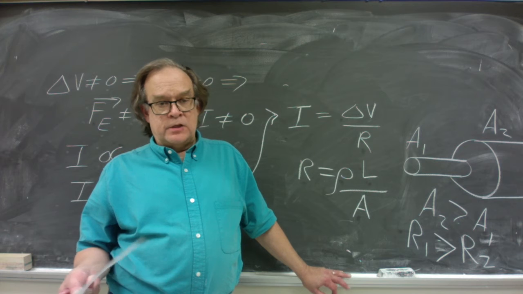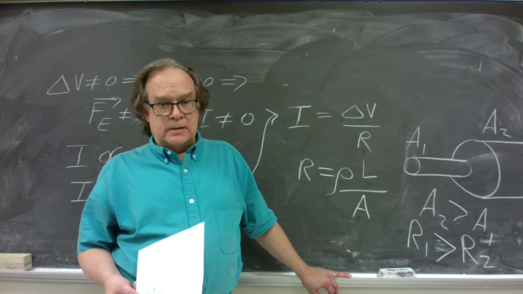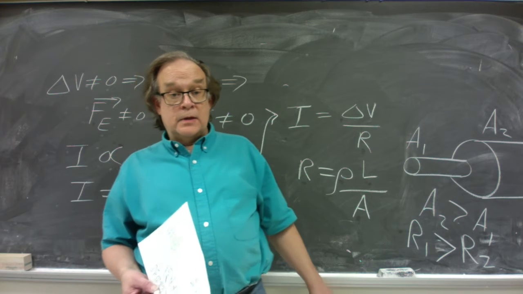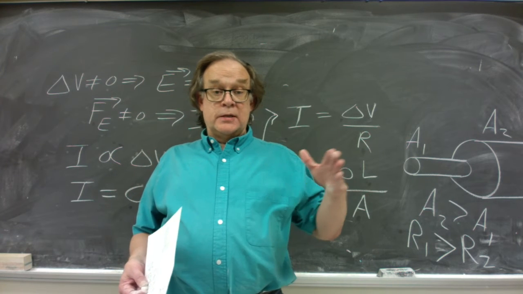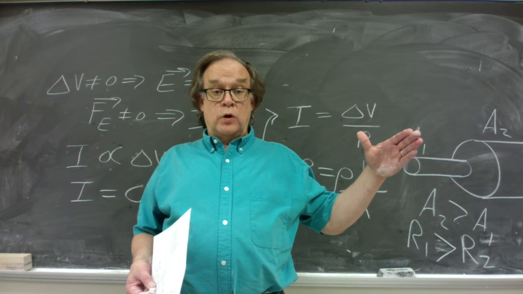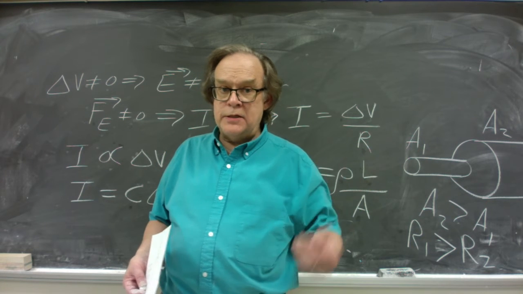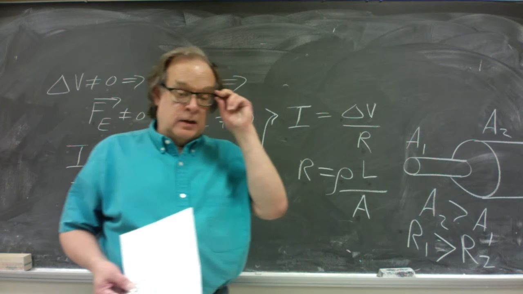We see this similar kind of thing with, say, the flow of fluids. Gallons per second passing by one point in the pipe, what we called flow rate a few weeks ago.